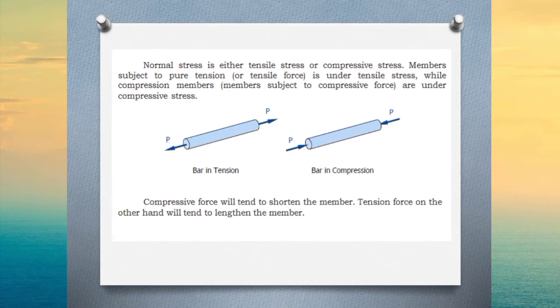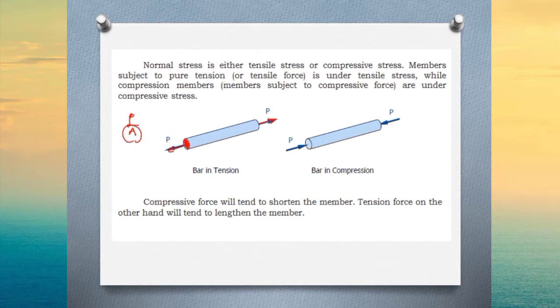So, pag tension, we have our force away from the area of consideration, no? So we have opposite force and it's pulling away, no? So it's a pulling force. And the area to be considered here is this, since normal stress says that it should be the force over the area.